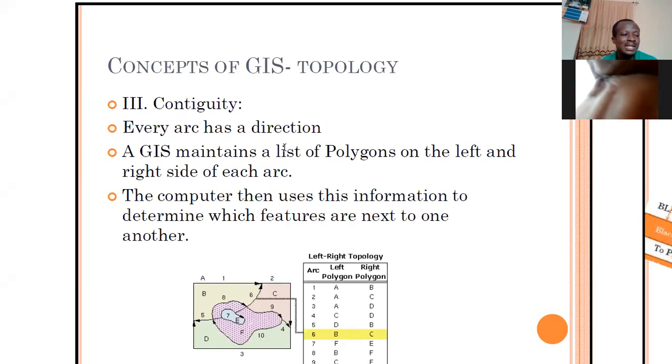Software is designed to keep direction so that you know where the car is moving, for example on your Uber app. How does the computer know whether you are permitted to move left to right or right to left? It maintains a list of polygons on the left and the right side of each arc.